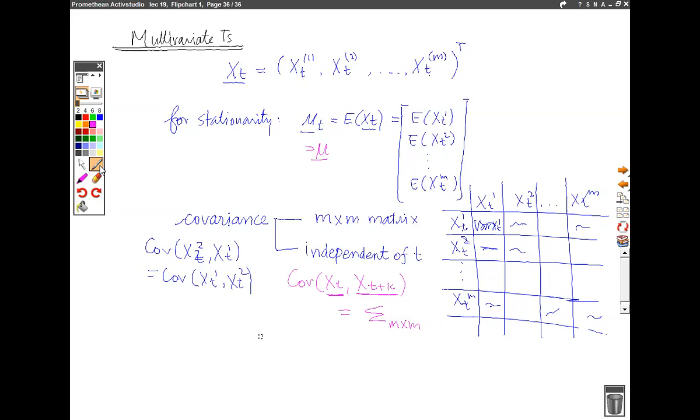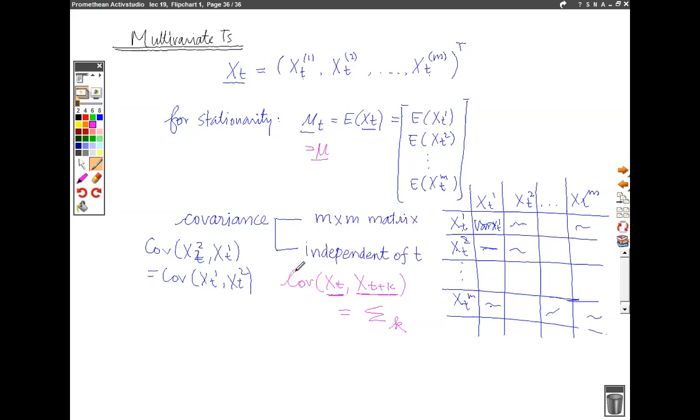I'm saying that I'm looking at a covariance between xt and xt plus k. So what do you think the subscript here should be? Will it be m times m? No, it will depend on k, right?